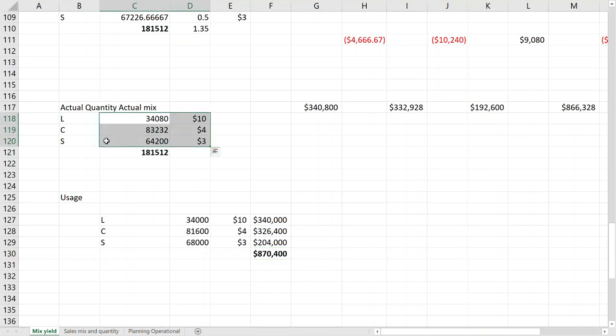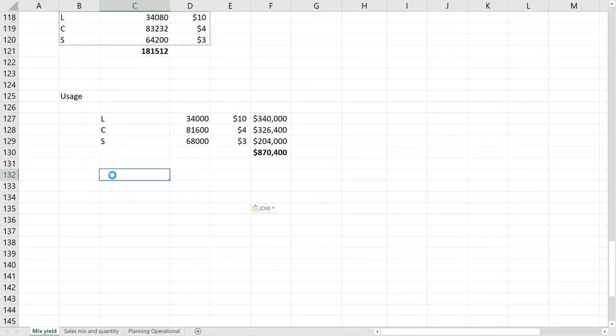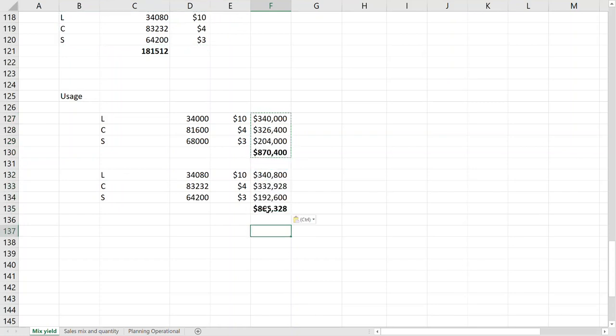But actually, we use this much, which is 866,000. Now if you look at both, we have 4,072. When you add the subvariances, this is a quick way of knowing whether your mix and yield variance is correct or wrong.